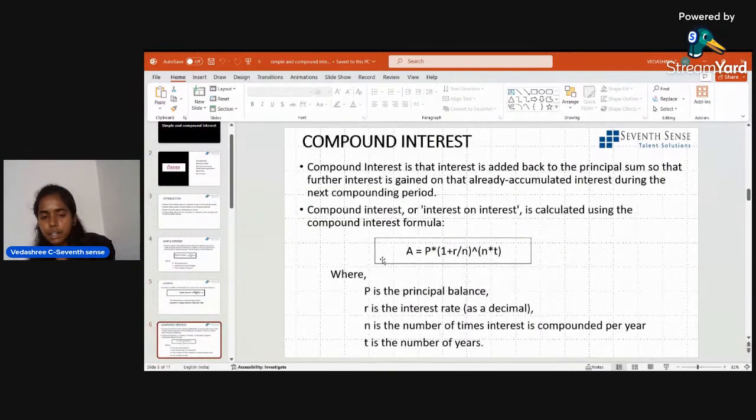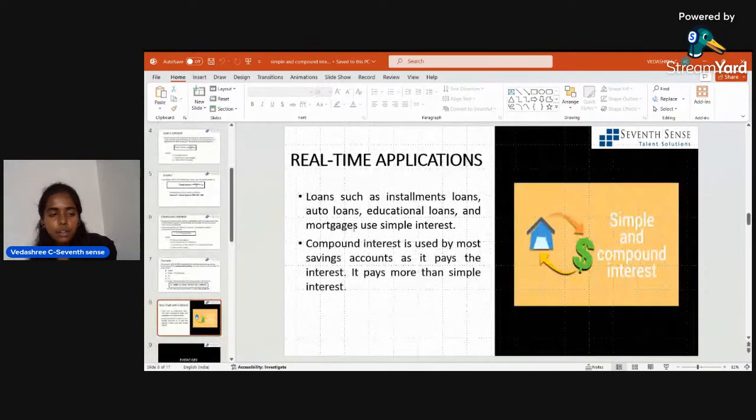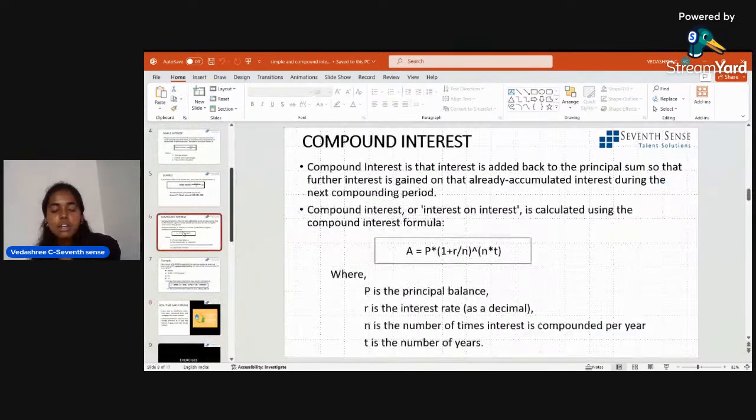Next, compound interest. So again we have a formula to calculate the compound interest. But before knowing the formula, we first need to know what compound interest is. Compound interest is nothing but the interest which is added back to the principal sum.